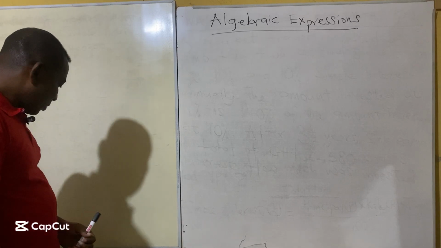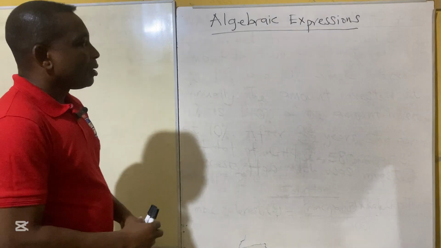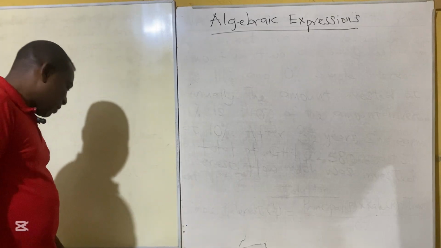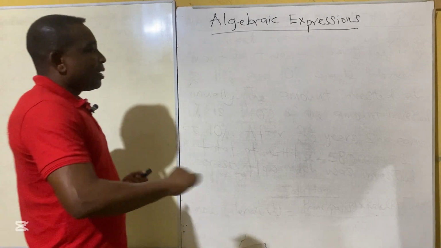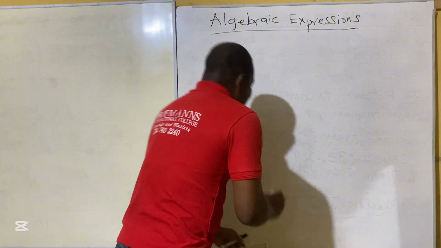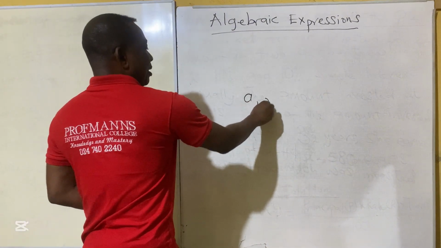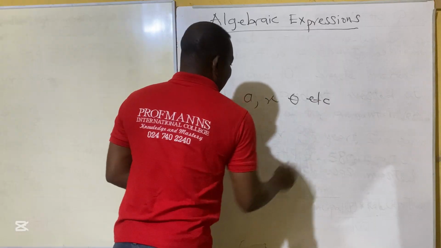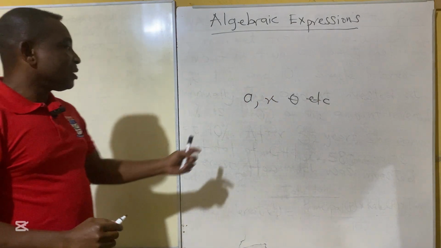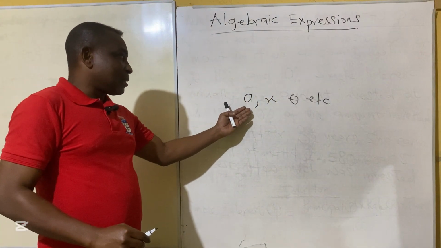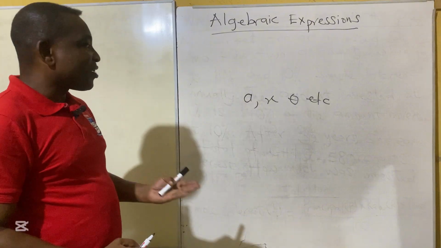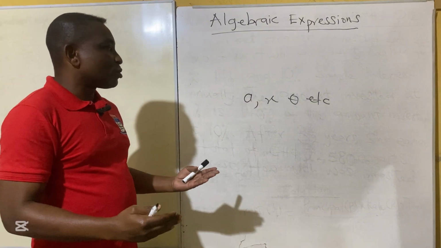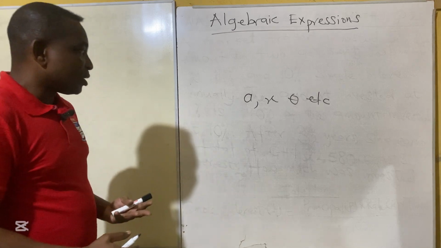In algebra, symbols and letters are used to represent numbers. The letters may be a, x, theta, etc. Now, these letters are referred to as variables because they assume different numerical values, or we say they change.